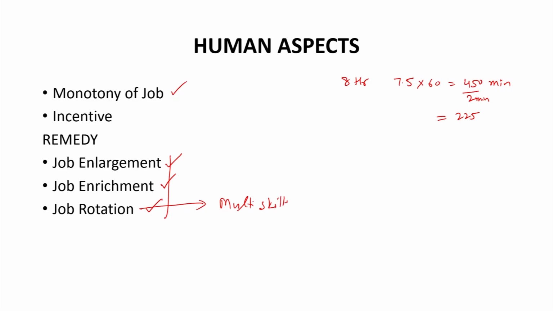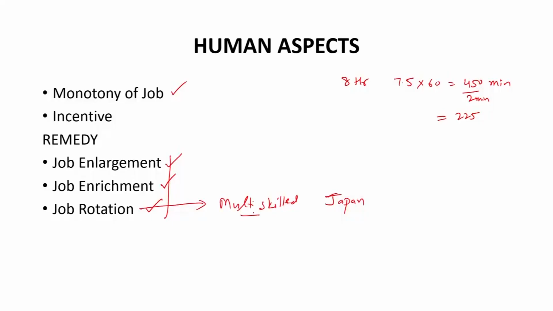You have to train him for different workstations or different areas. In Japan, this culture is very highly implemented. In their annual appraisal, one of the important criteria is how many more skills you have learned in the last 1 year. The more skills earned in the previous year, the more that will decide the increase in your salary.